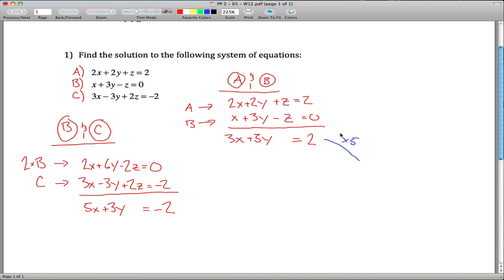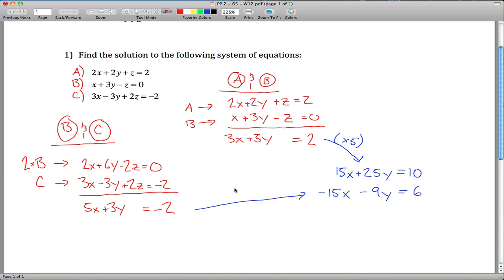Times 5 gives me 15x plus 25y is equal to 10. And then this guy right here, if I multiply this guy by negative 3, I'll get negative 15x minus 9y is equal to positive 6.